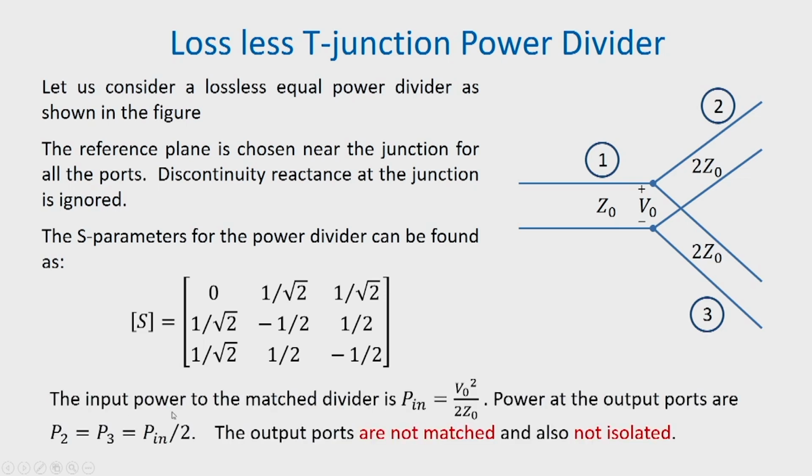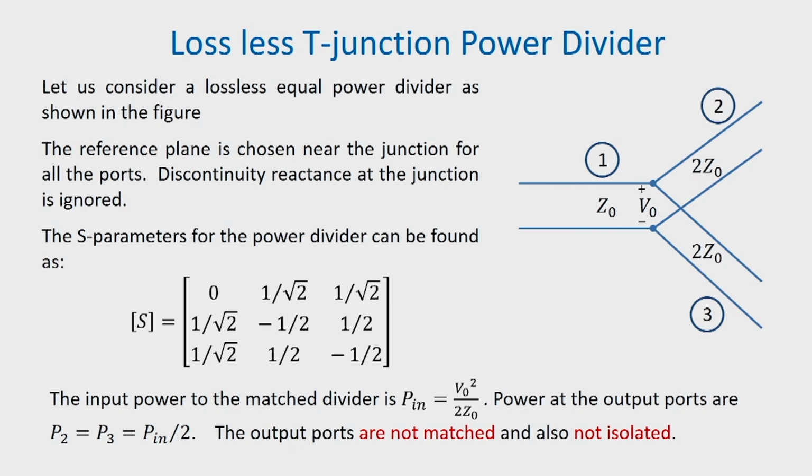The input power to the matched divider is P in equal to V naught square by 2 Z naught, whereas this V naught is common to all the 3 ports. Therefore, the output powers will be P 2 equal to P 3, which is equal to P in by 2, because this characteristic impedance is 2 Z naught.